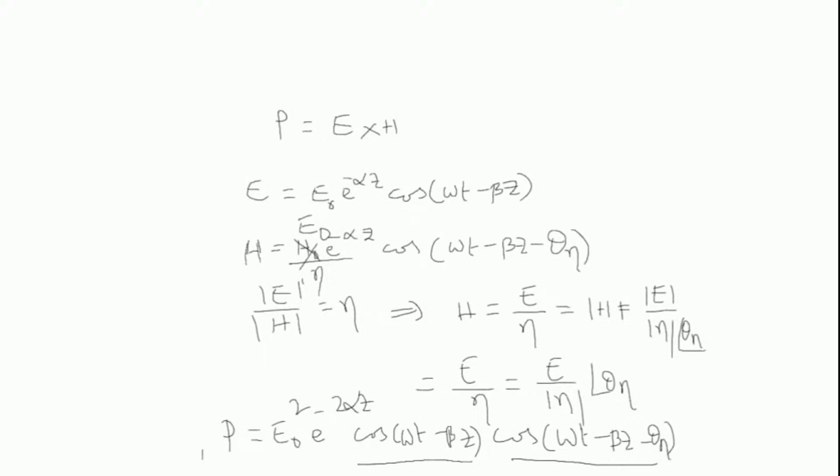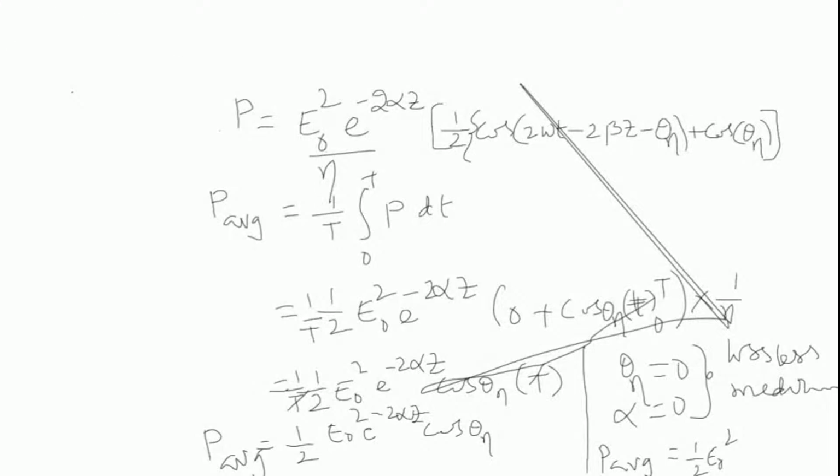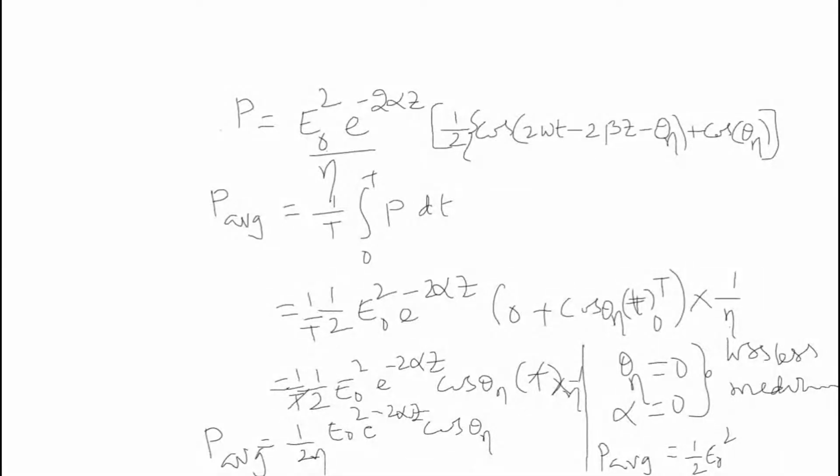E is this part and by neta, and this 1 by neta should be present here also. Okay, therefore here we can write 1 by 2 neta.